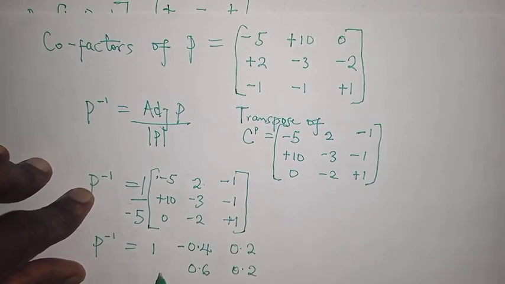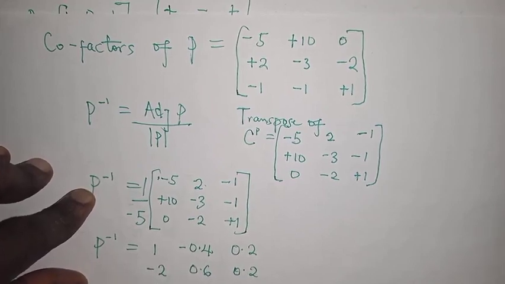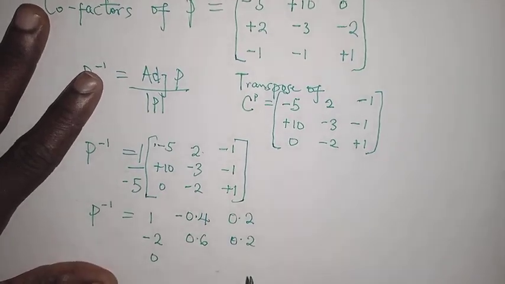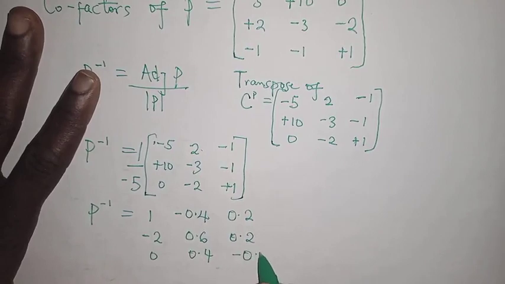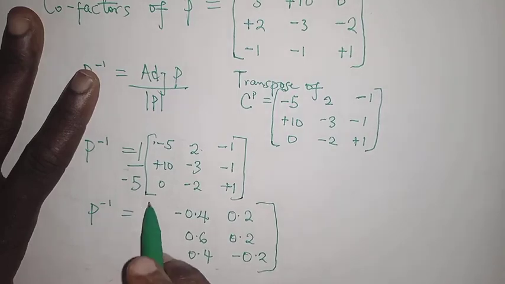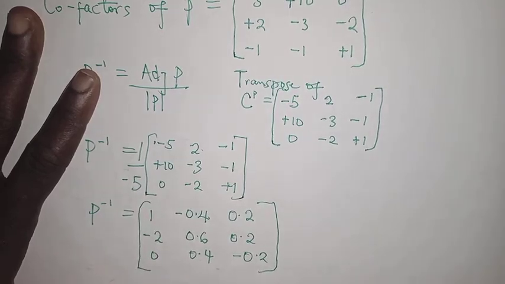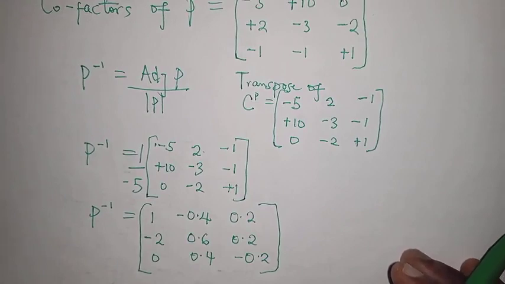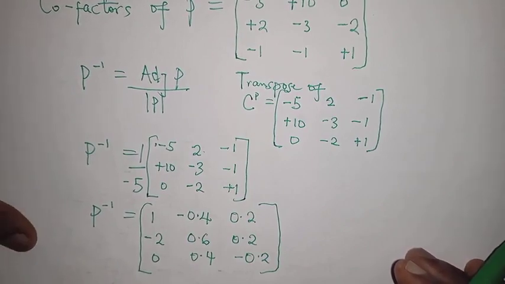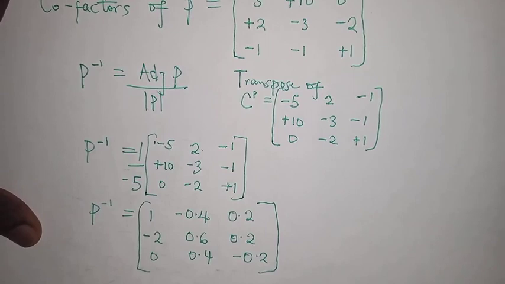This is going to be minus 2. This will be 0. This will be 0. This will be 0.4. And this will be minus 0.2. So this is the inverse of the matrix P. All you just need to do is to follow the steps and you'll be able to get the solution to the problem. So let's look at the next question.